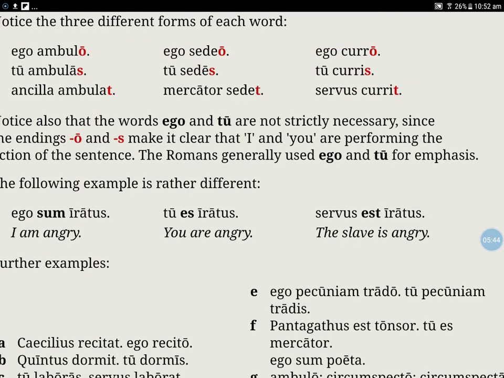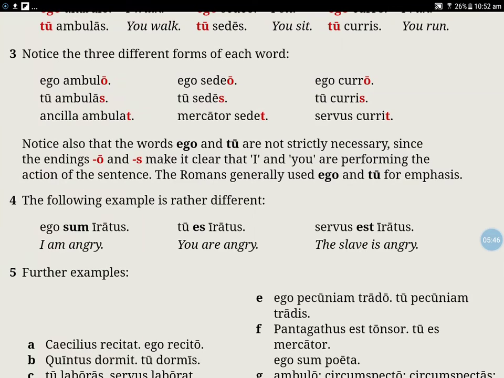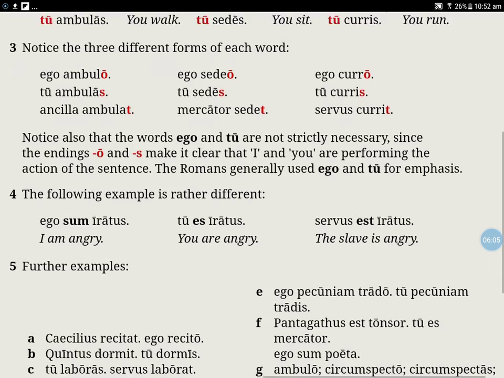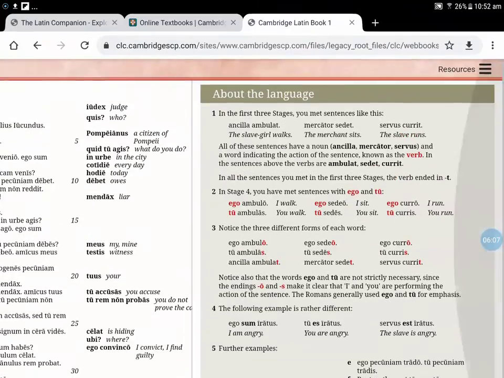If you do Spanish, you should know that. Bailo means I dance. Juego means I play. And juegas means you play. And bailas means you dance. You don't need to say tu. You don't need to say yo in Spanish. So anyway, that's about the language.